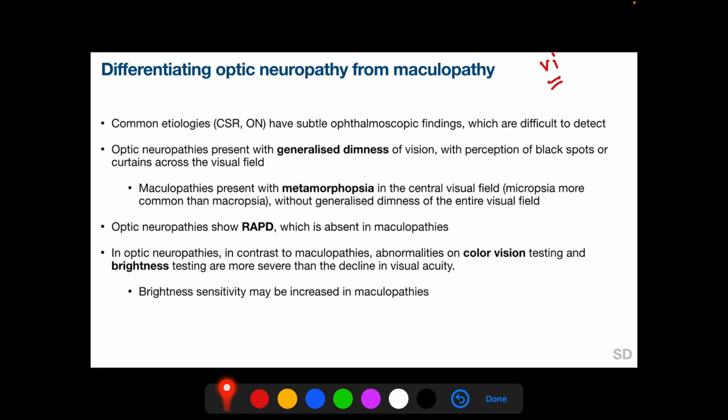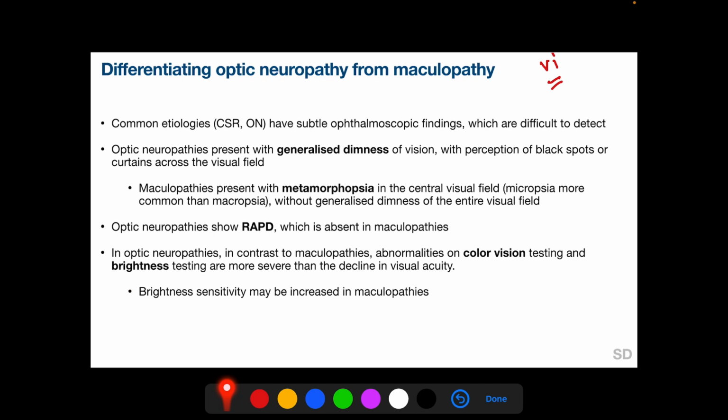Optic neuropathies show RAPD. Maculopathies, being localized, usually do not show RAPD. In optic neuropathies, abnormalities on color vision testing and brightness sensitivity testing are more severe than the decline in visual acuity, whereas in maculopathies, color vision and brightness sensitivity functions are affected to a similar extent as compared to visual acuity.